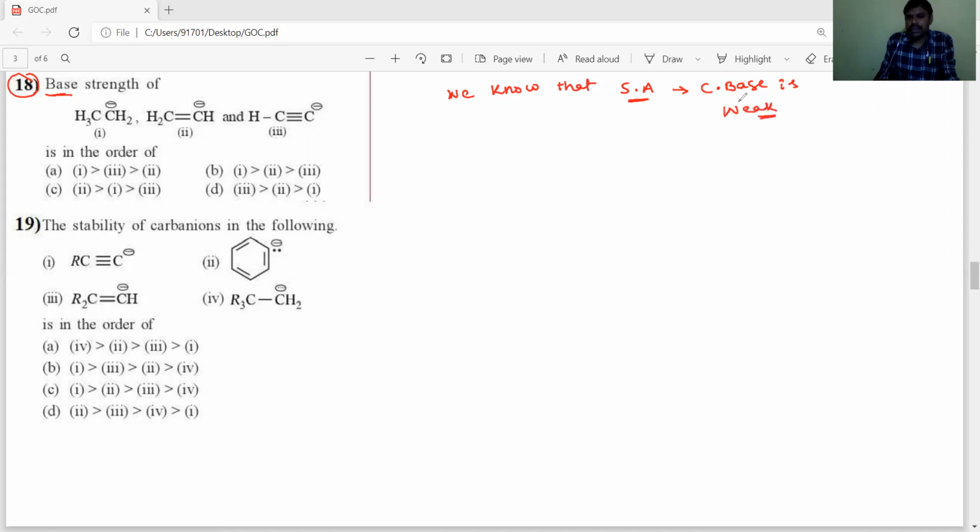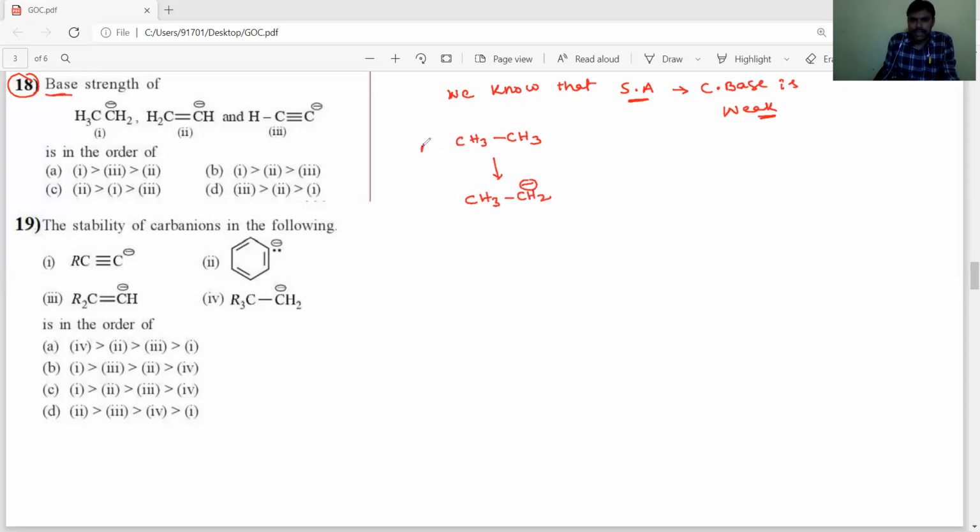Okay, students. Now, in the given bases, if we write the corresponding acids, we have to write the correct acidic strength order. For example, ethane, CH3-CH3, its corresponding conjugate base is CH3-CH2 minus.